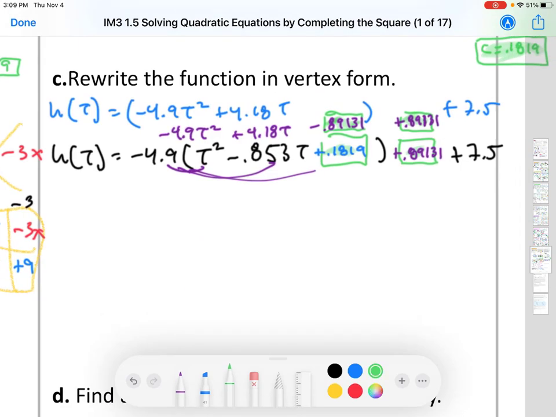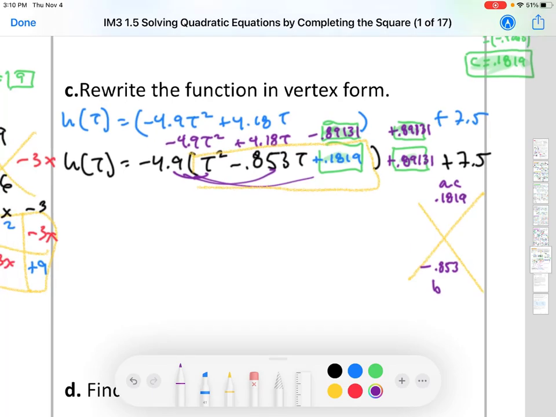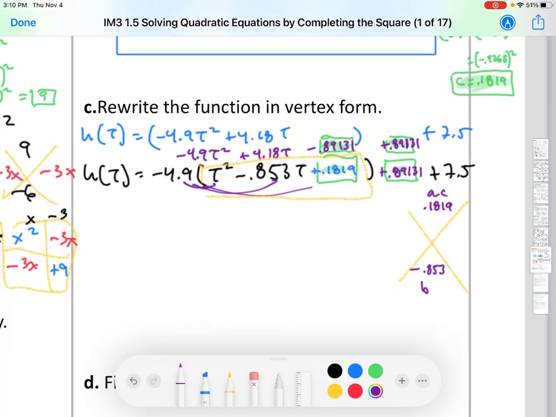Okay, let's now factor. And I'm factoring to help you understand. We're just factoring that yellow box. So a times c is 0.1819. My b value is negative 0.853. Two numbers that multiply to be 0.1819 is that number, negative 0.4265.